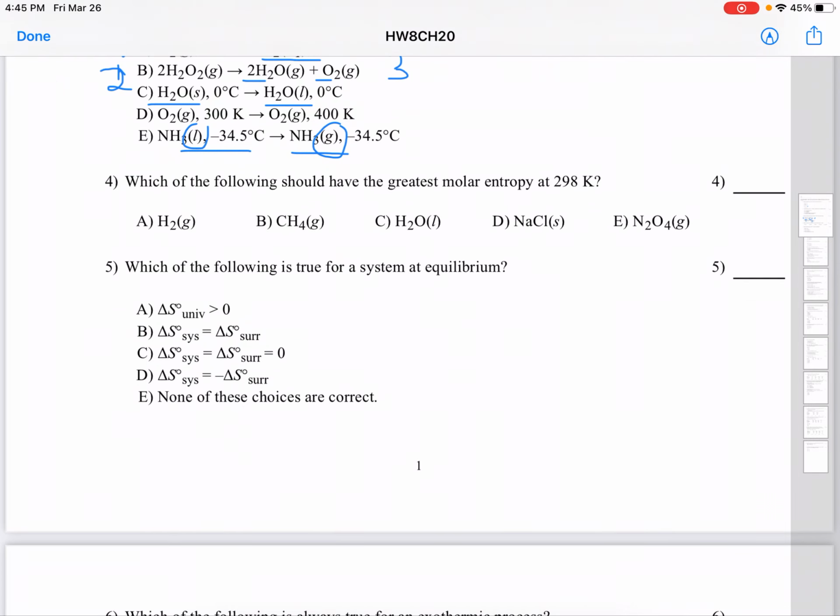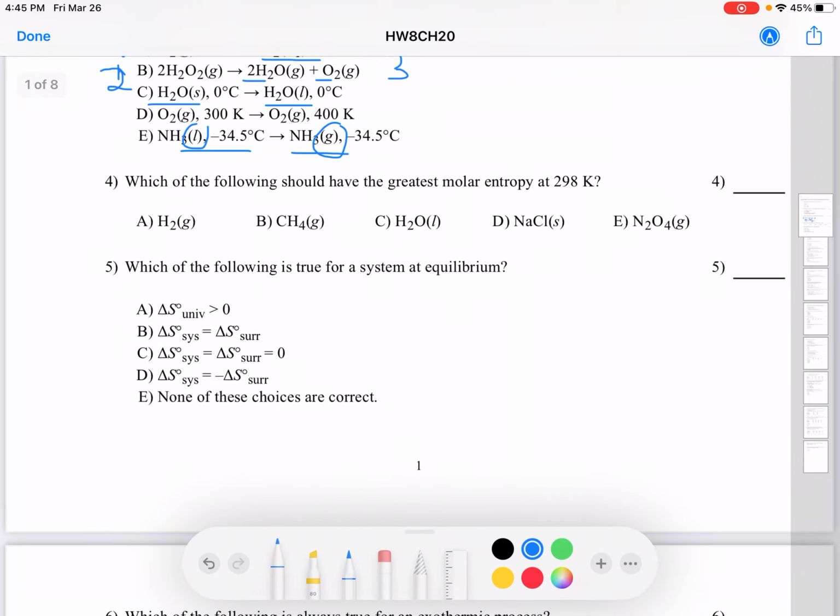Number 4, which of the following has the greatest molar entropy? We have to look at whether it is a liquid, gas or solid, and if they are gases, which one has more complexity in the molecule. Hydrogen is a gas. Sodium chloride is a solid, and solids have less entropy, and then the liquid.